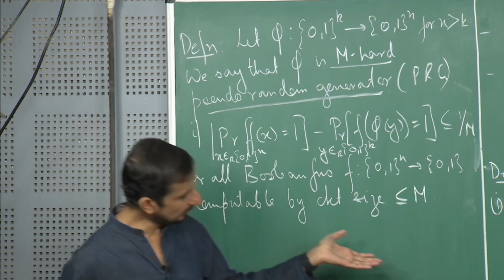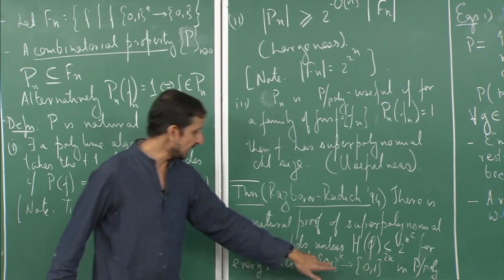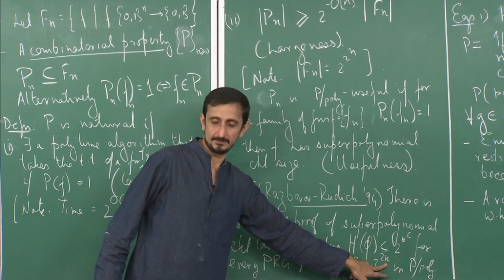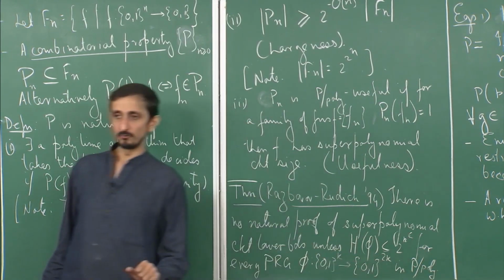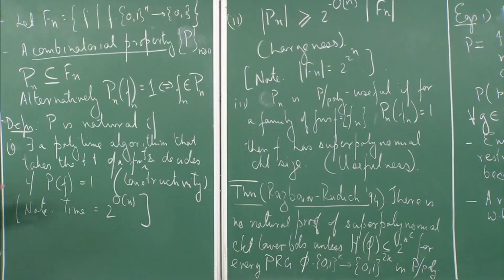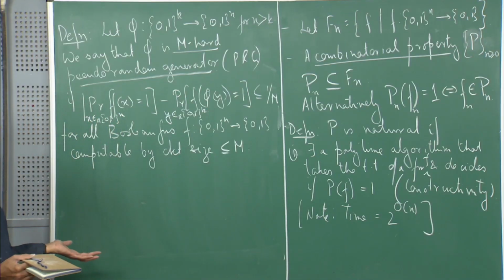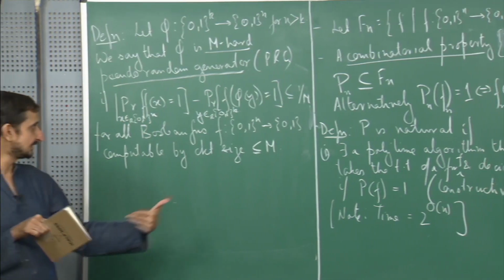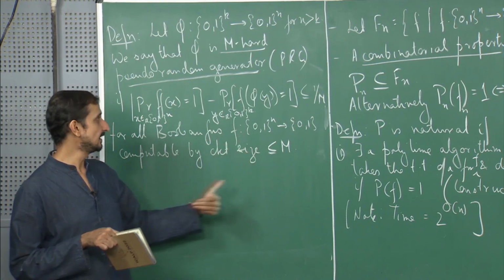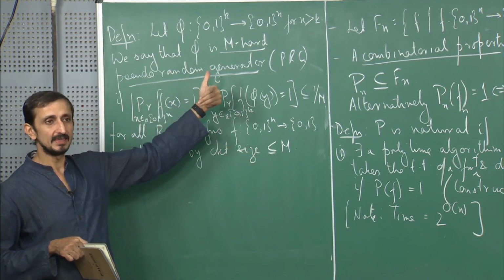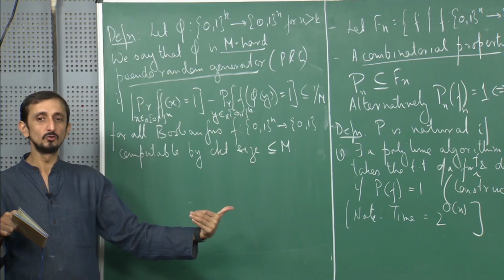So for example, in this theorem we have n as 2k. I have k and 2k over here. So if you think in terms of k and 2k, what this is saying is that if I take a string of length k from the uniform distribution and apply this function phi, it will produce a string of length 2k.